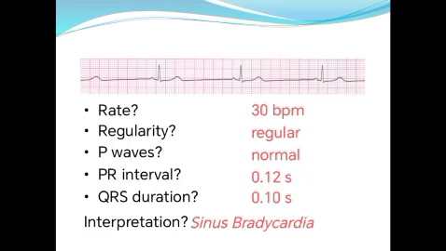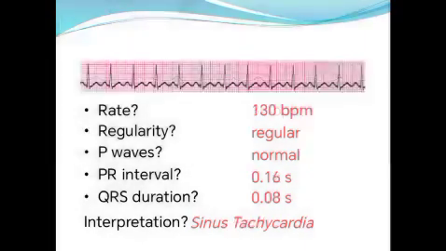So this is sinus bradycardia, for example. And here the rate is about 130 and it is regular, and the P wave is normal, and the PR interval 0.15 is normal, QRS duration normal. This is sinus tachycardia.